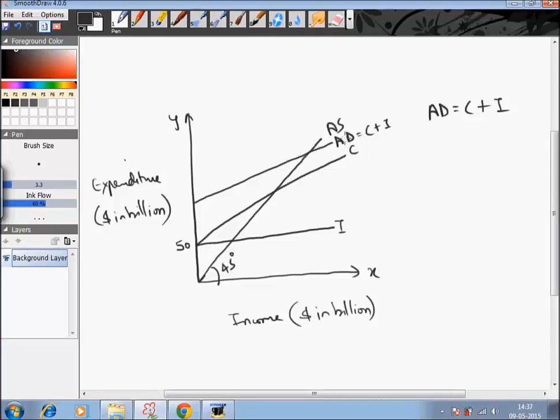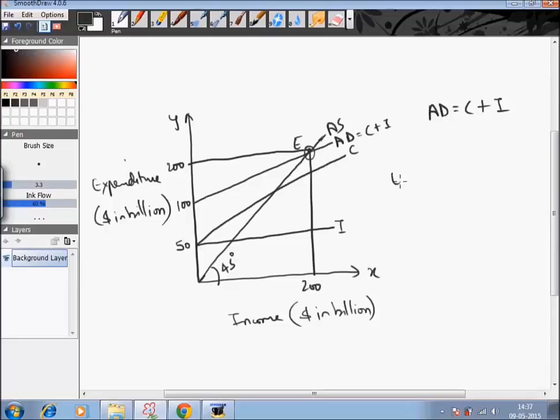So you see here that the AD curve has cut the AS curve at this particular point. This is the point of equilibrium. At this particular point, the AD curve starts at $100 billion. At this particular point, the income is equal to the expenditure, which is equal to $200 billion.